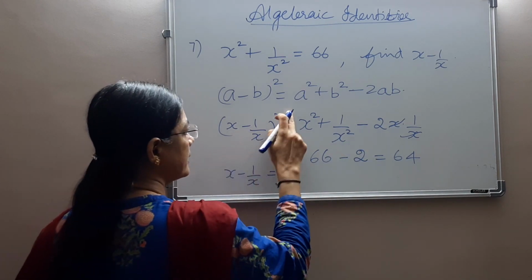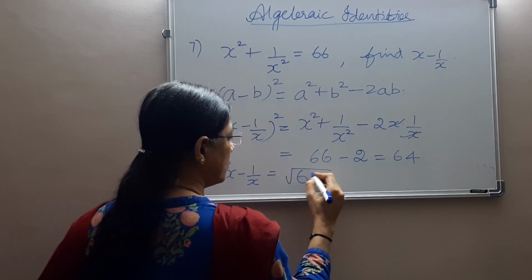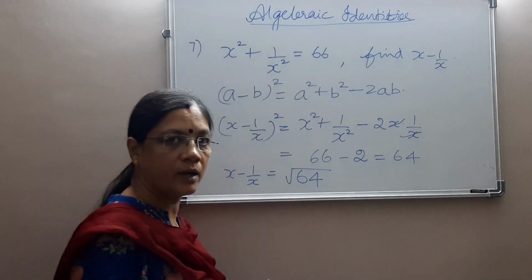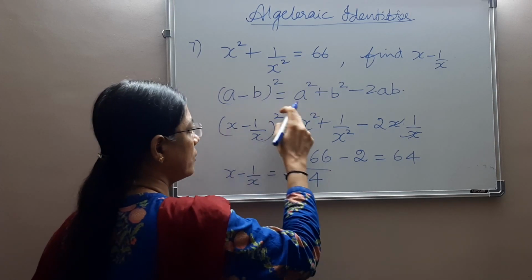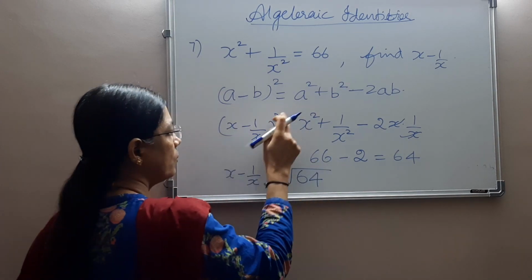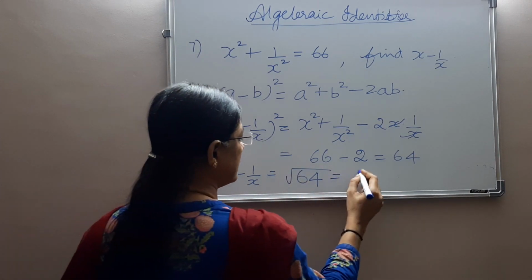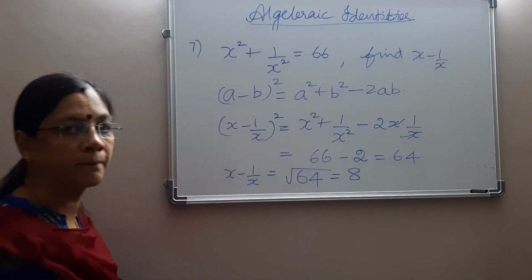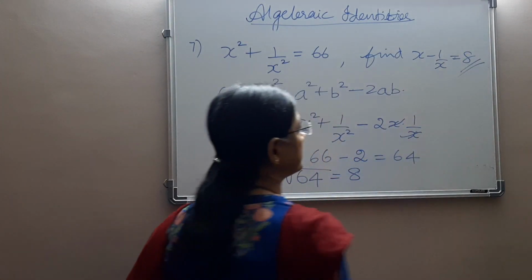See, x minus 1 by x the whole square is 64. So x minus 1 by x is root of 64. Do you understand? I am removing the square, so I find square root on both sides. So square root of square is just x minus 1 by x, and the square root of 64 is 8. So I have obtained x minus 1 by x is equal to 8.